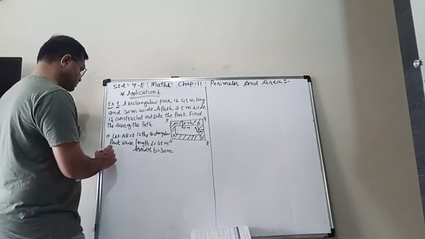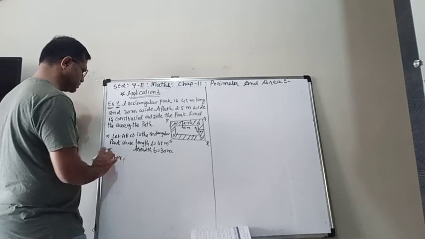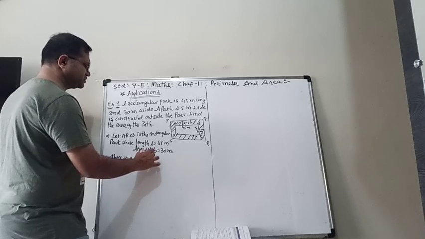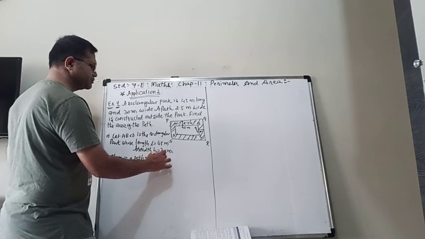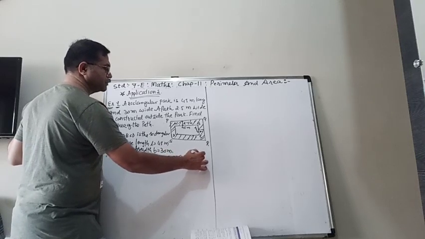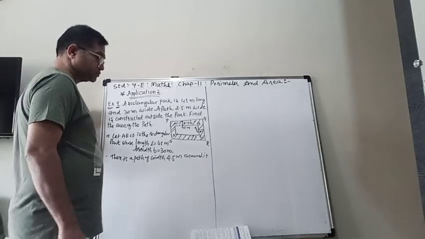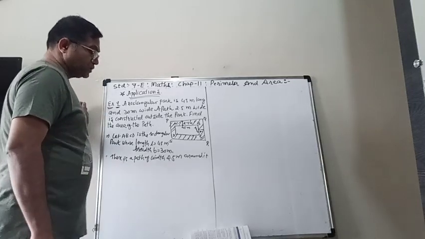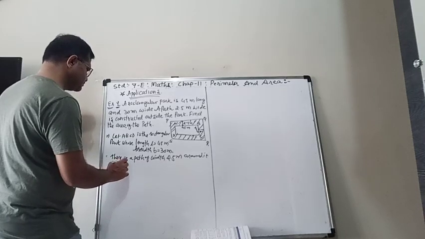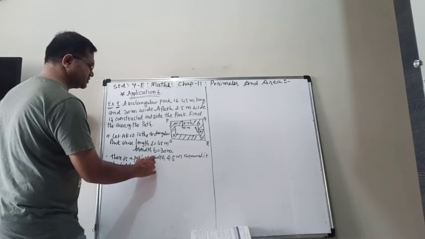Now there is a path of width 2.5 meter around it. The shaded region is the path.